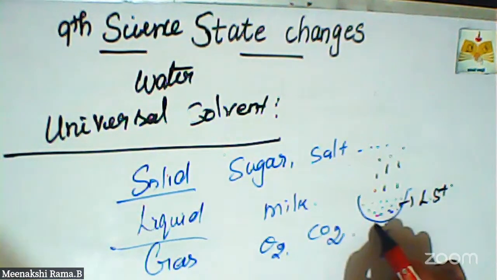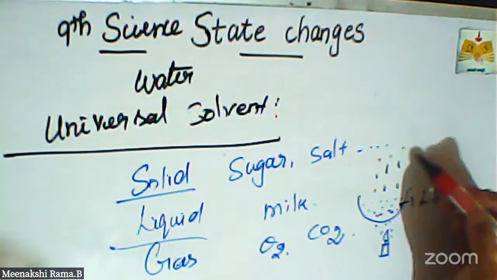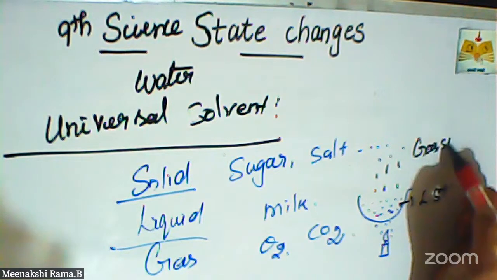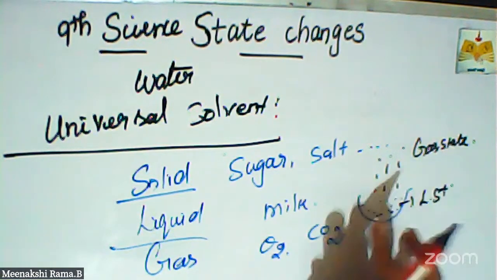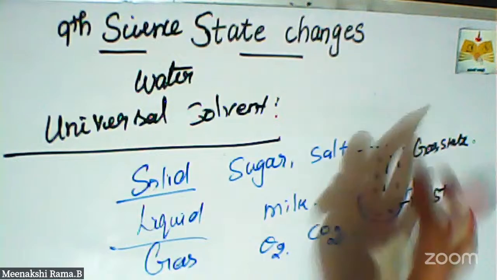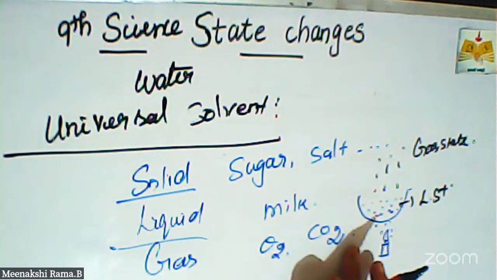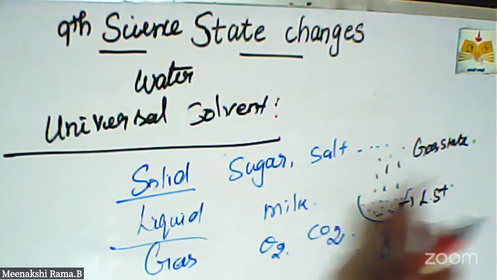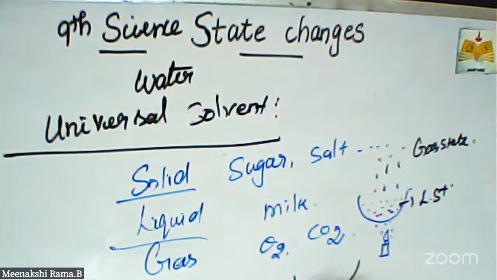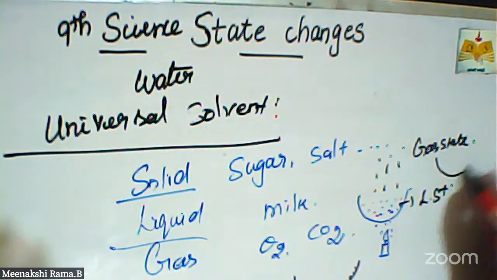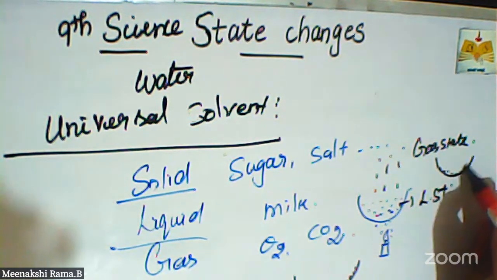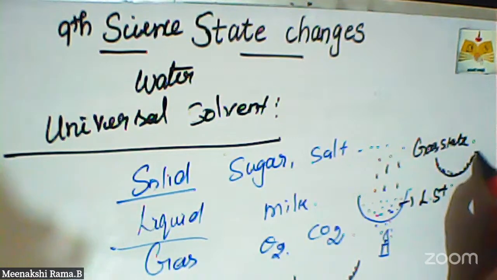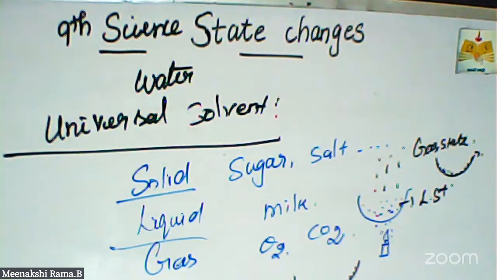So when we heat this water, it will change into gaseous state. After completion of the evaporation, some particles are settled in this area. Just observe, some salt particles are settled at the bottom of the bowl. What is that? Yes, those are some minerals and salts.